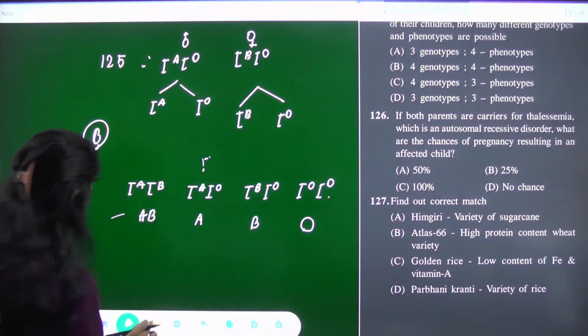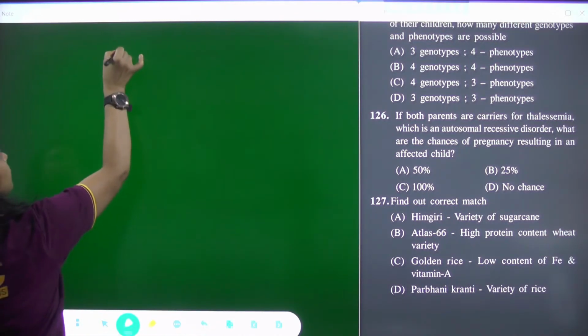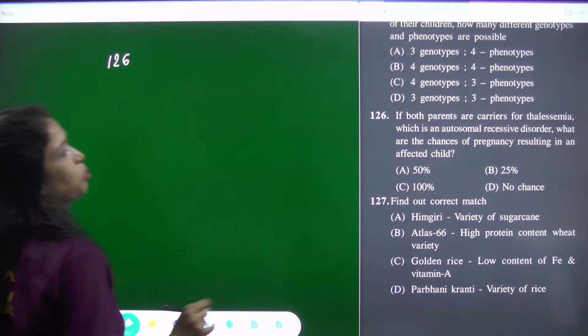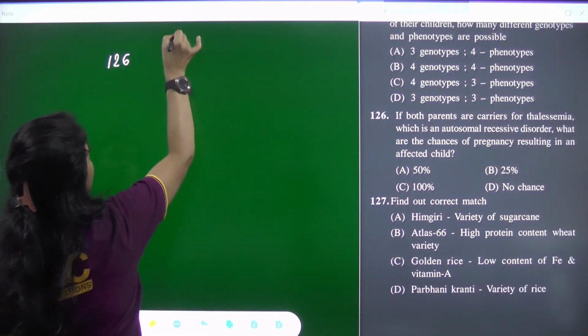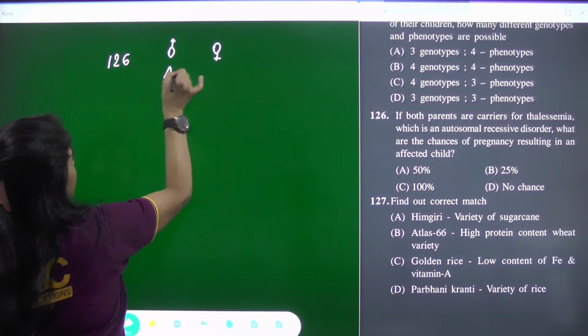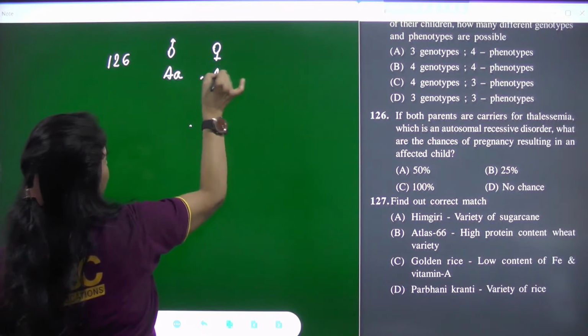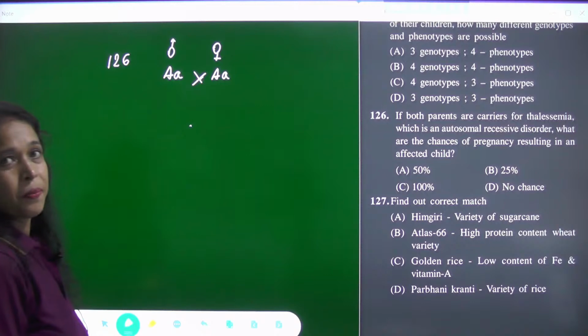So let's see this. Clean कर देती हूँ. Okay. Both the parents are carrier. So carrier means they must be heterozygous. Okay, I am simply showing like this. Both must be heterozygous.